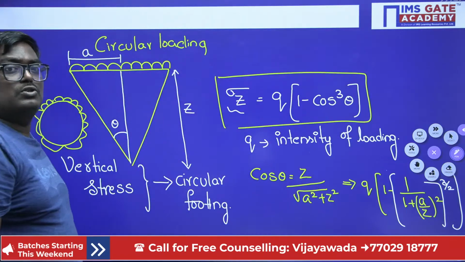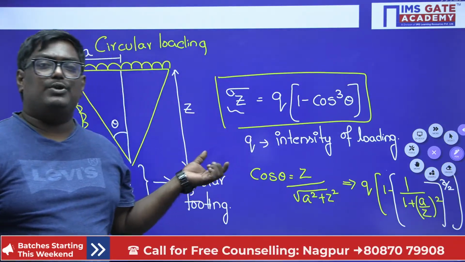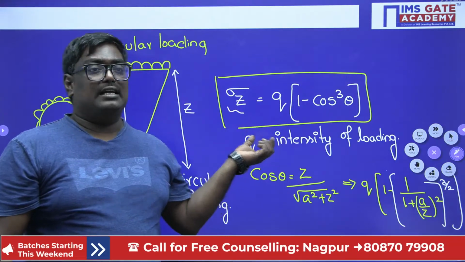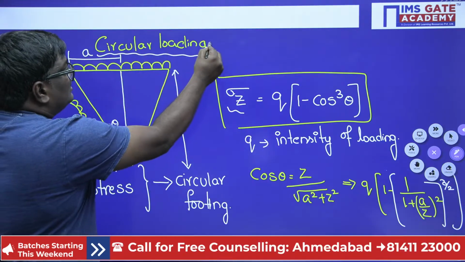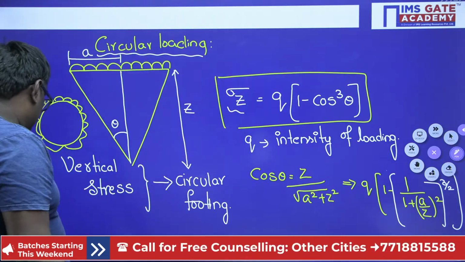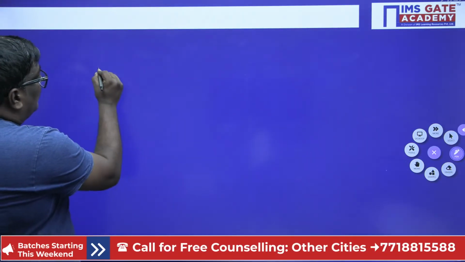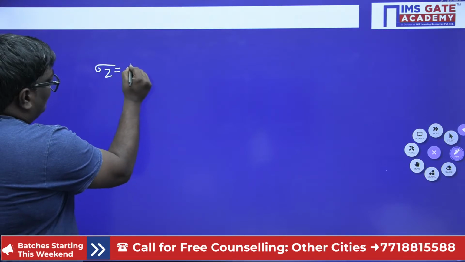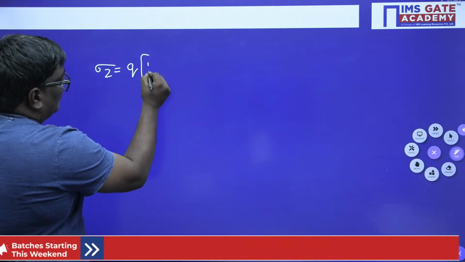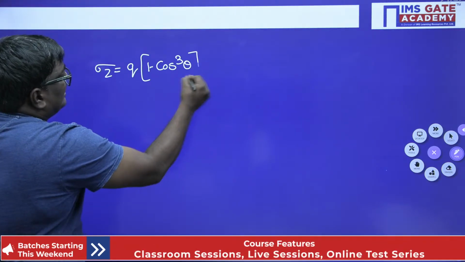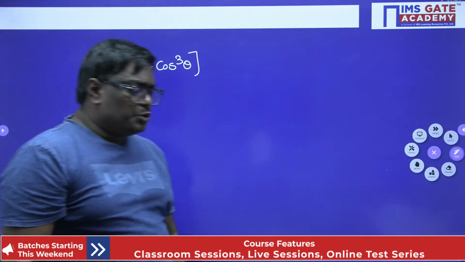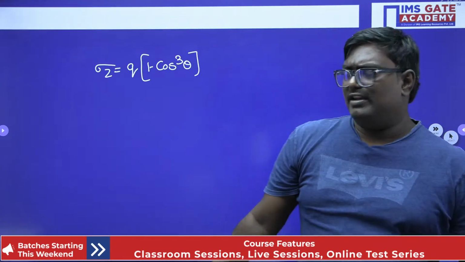So the vertical stress distribution at a depth z in case of circular loading, sigma z is given by the formula Q into 1 minus cos cube theta.